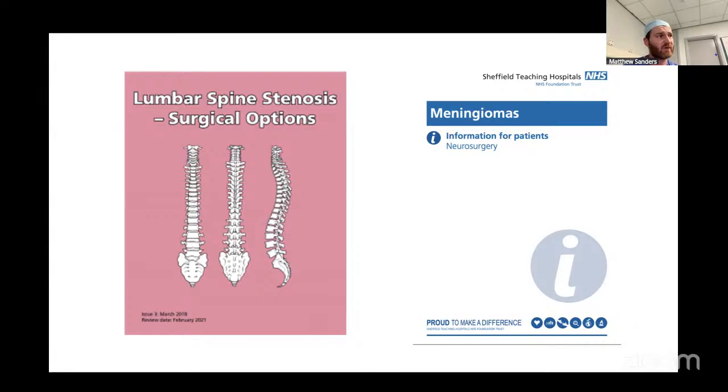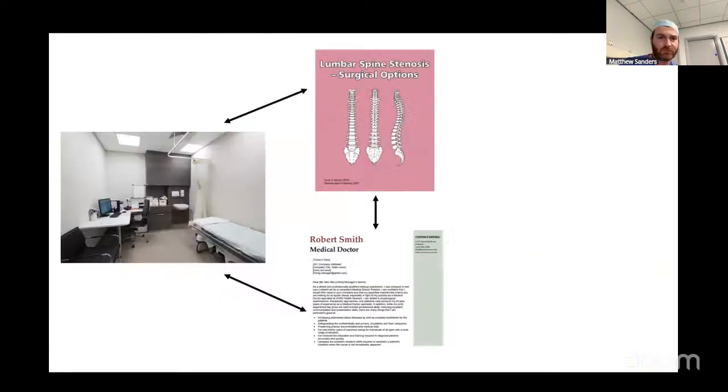This is a relatively lengthy document, but is written in plain, simple English that the patients can refer to and understand. This is available freely online for a multitude of spinal conditions. On the right, there's an example of some of the documentation that we produce for our patients here in Sheffield who have been diagnosed with meningioma, and that can include what they can expect on their management journey.